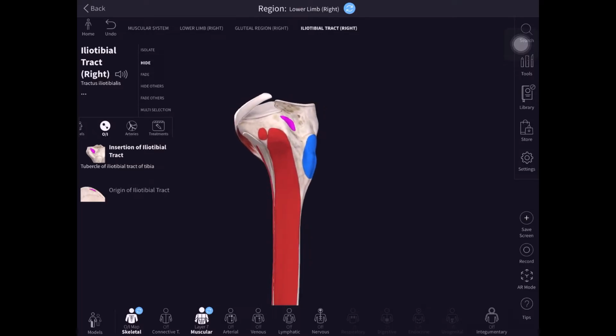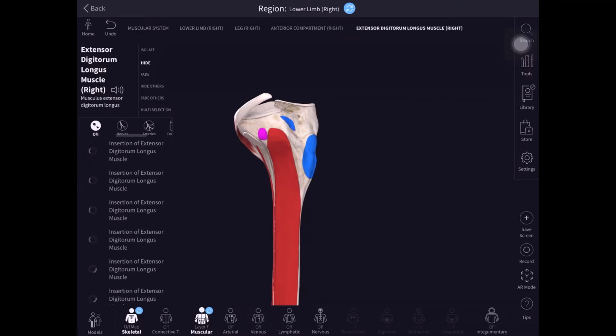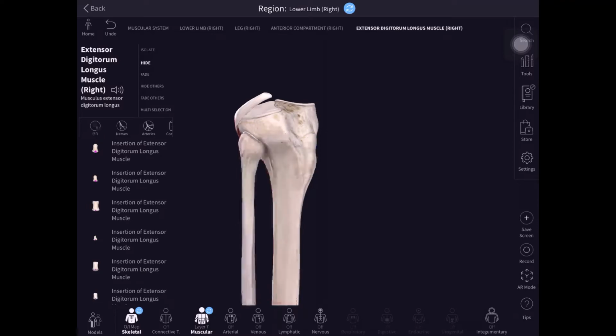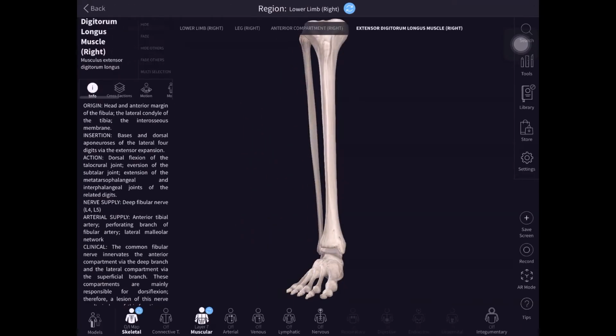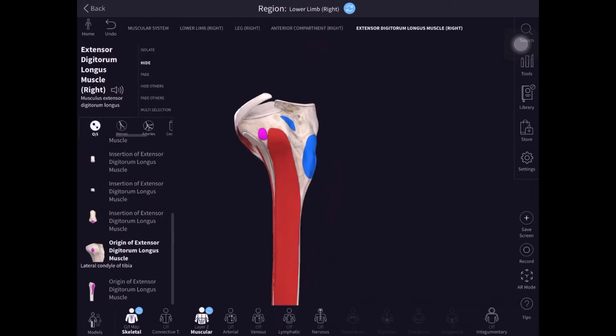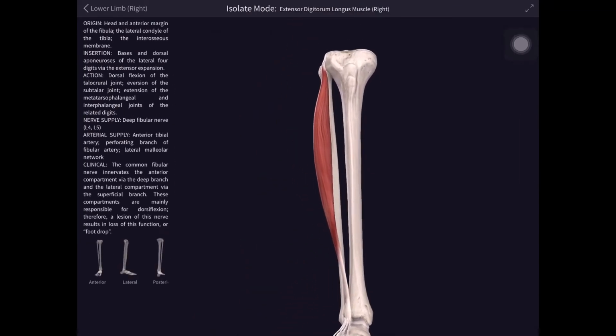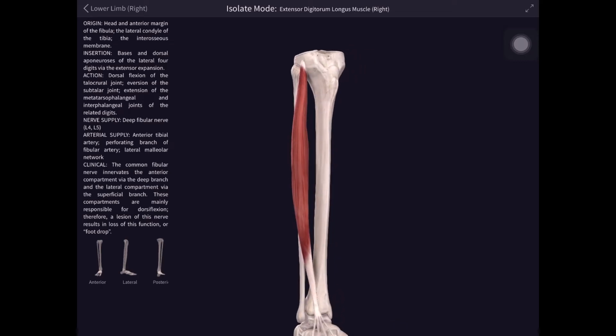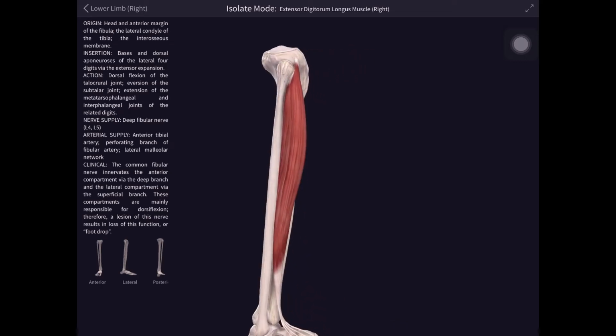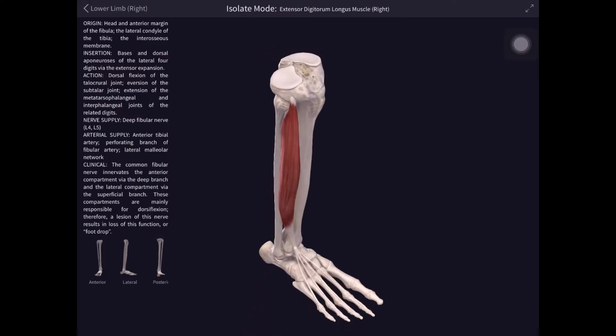Next, one more thing which I forgot to mention. This small area is the origin of your extensor digitorum longus muscle. You can see this is a long muscle. It goes down and helps in the extension of your digits, extensor digitorum.